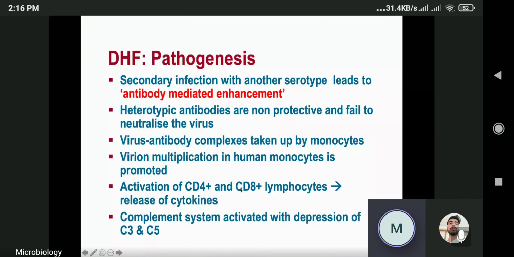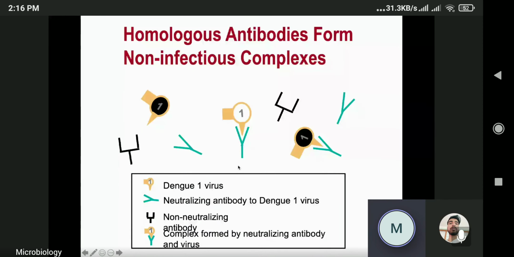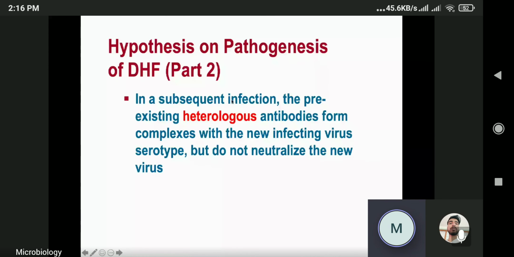Okay, so if there is a homologous antibody formed, then it will be protective, it has a protective role. But if they are heterologous, meaning the antibody was produced by a different serotype, they cannot neutralize, but instead they will enhance, resulting in severe hemorrhagic conditions.